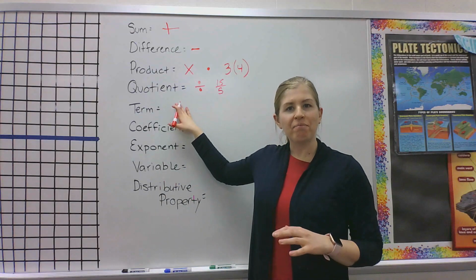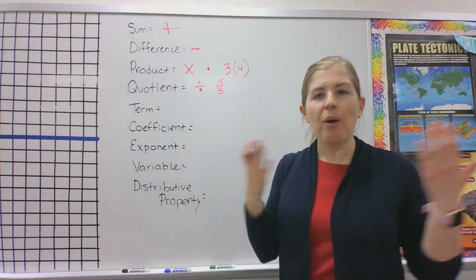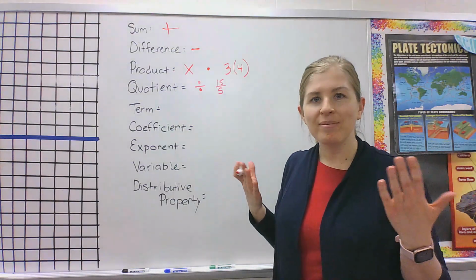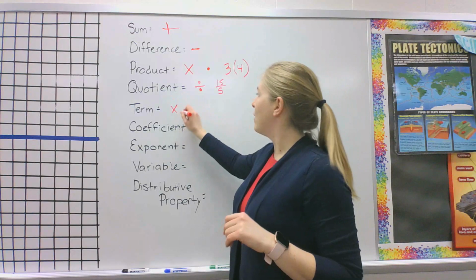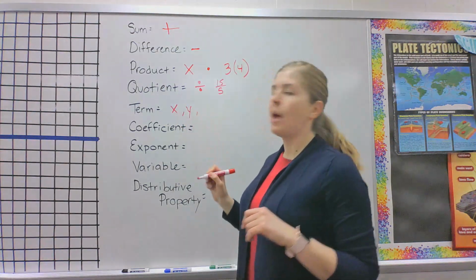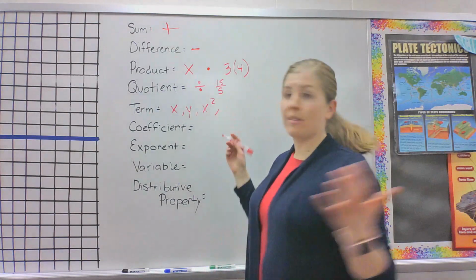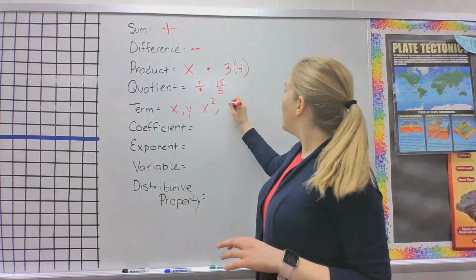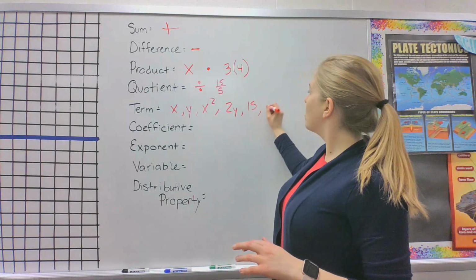What is a term? They've mentioned, combine like terms. What would that be? Okay, yes. So it could be a variable of some sort. Maybe it has exponents. There will be coefficients with those, but sometimes it's just a number by itself.